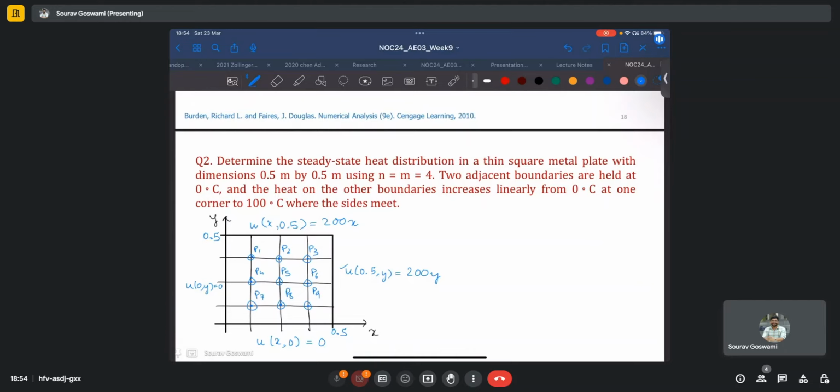In this case, the boundary conditions will be u at 0, y is 0, u at x, 0 is 0, u at 0.5, y is 200y, and u at x, 0.5 is 200x.